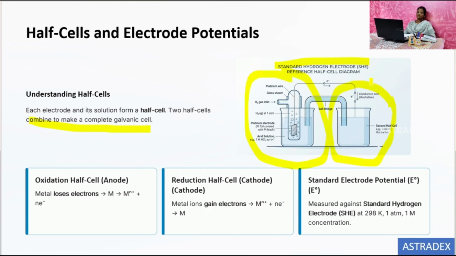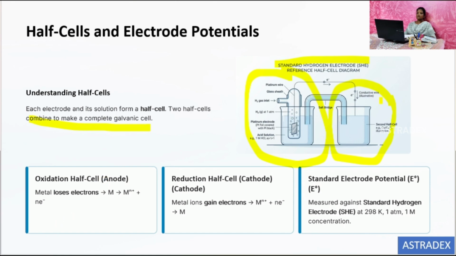This is a half cell diagram, and we will have a detailed discussion about it in upcoming classes. At present you just need to know what a half cell means: it consists of an electrode and an electrolyte solution. The SHE will act as a reference. The EMF of the SHE is 0.00 volt.